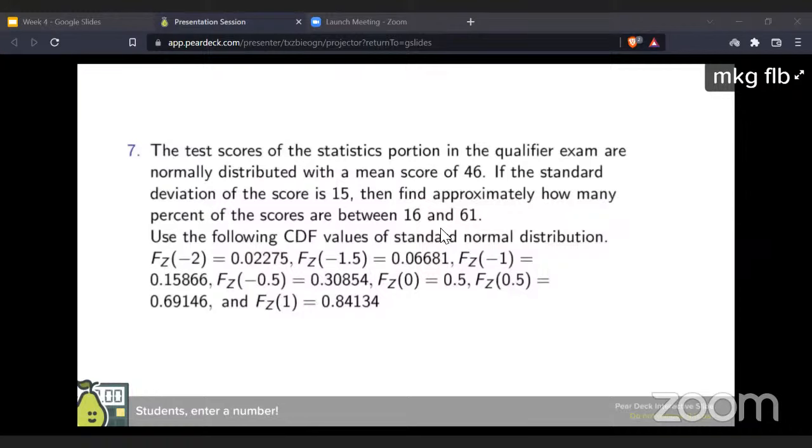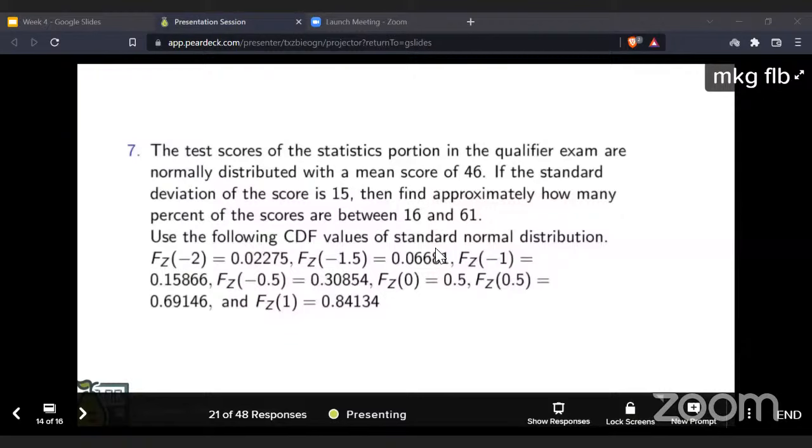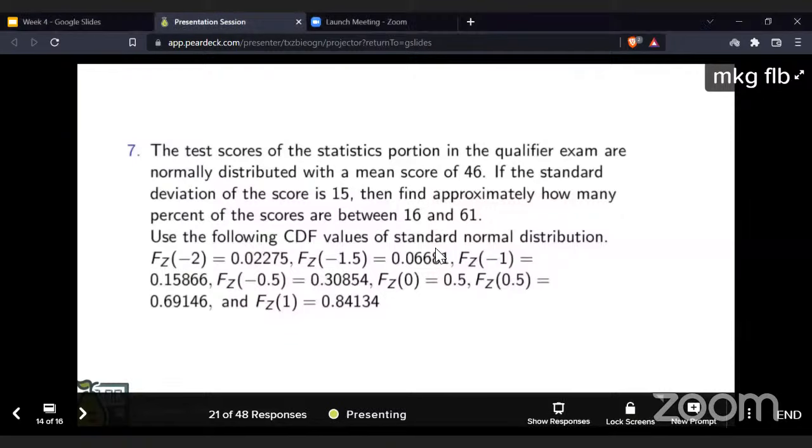Z is equal to x minus mu upon standard deviation, and I got the value of x as 15Z plus 46. And I put the values of x between 16 and 61, and I got the value of Z between -2 and 1. Then the probabilities are given. All right. That's fine. Okay. Thank you.